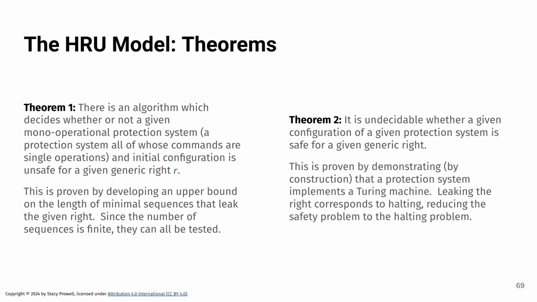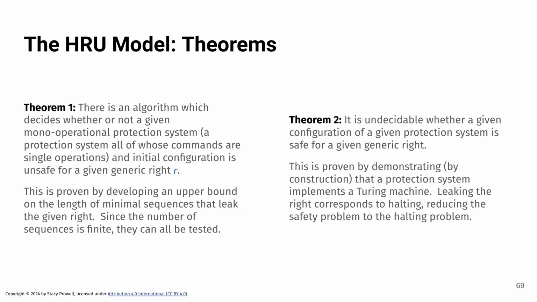It might be a gargantuan, humongous number, but it's still a finite number, which means that theoretically, at least, I can look at them all and check them all, which means that it's decidable. Maybe it takes the rest of the life of the universe to do it, but it still makes it decidable. And since I know that it's decidable in that case, maybe there's actually a much faster way to do it. I don't know. But for the sake of the theorem, I just had to find one way to do it.